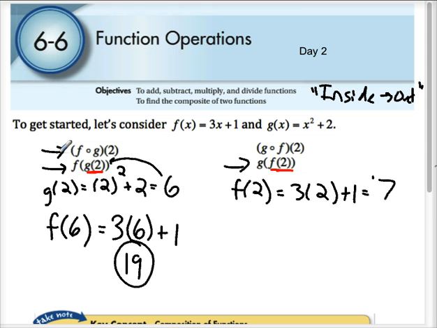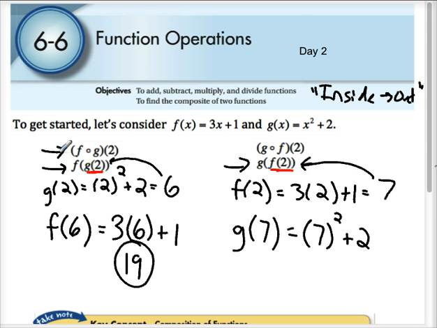Now I take that and I plug it in, because if f of 2 is 7, that means really what I'm looking at is g of 7. And g of 7, well, plug that into the g function. So 7 squared plus 2, 49 plus 2 is 51.